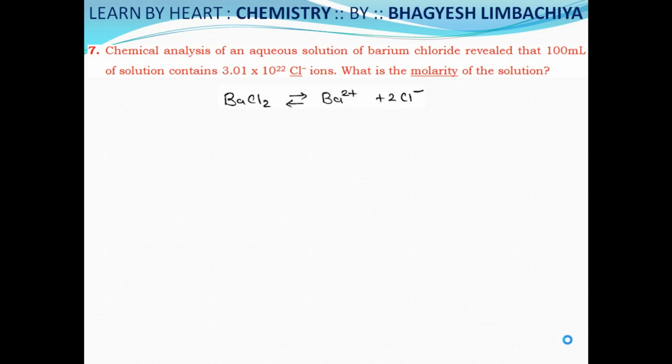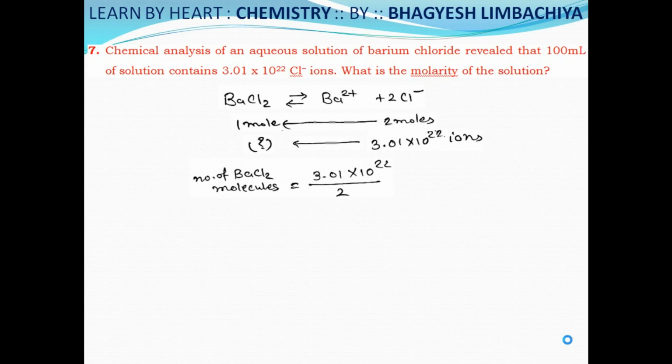Here 2 Cl minus ions are formed from 1 mole of BaCl2. So if we take 3.01 into 10 raised to 22 ions, then how many BaCl2 molecules will be there? The number of BaCl2 molecules will be half of the 3.01 into 10 raised to 22, because from 1 mole of BaCl2 we are getting 2 moles of Cl minus.